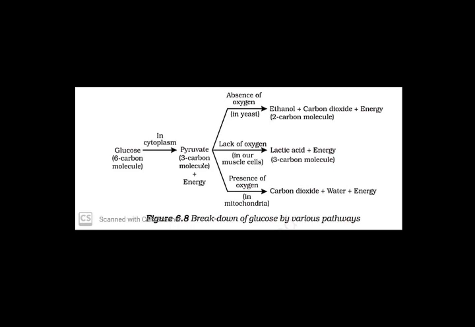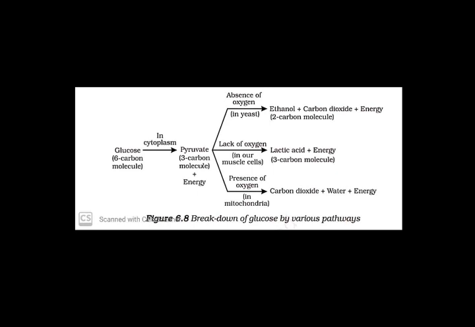If pyruvate is broken down in the presence of oxygen, then it is aerobic respiration. If it occurs in the absence of oxygen, then it is anaerobic respiration. And if there is a lack of oxygen, it occurs in our muscle cells. And the products are different.